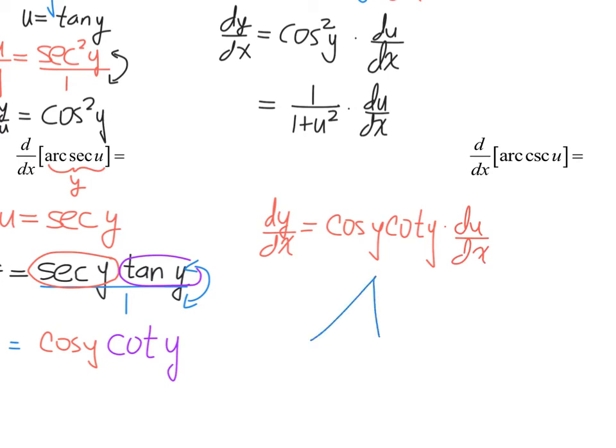Let me just draw the triangle here this time. All right, so we have some angle theta. That's the same as y. The secant ratio, u over 1, is hypotenuse over adjacent. So my missing side would be what? Radical u squared minus 1.